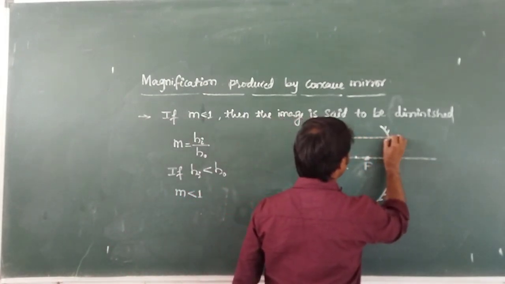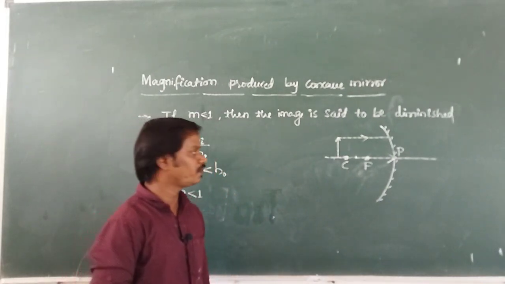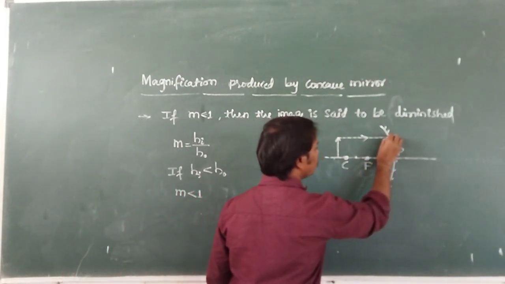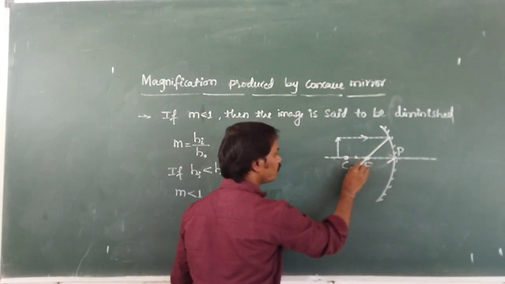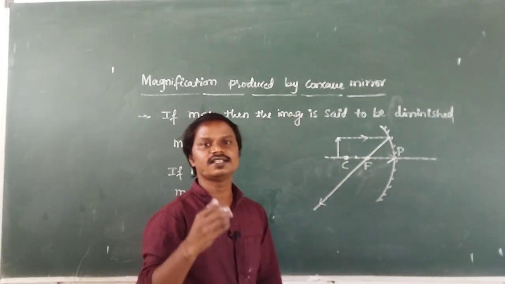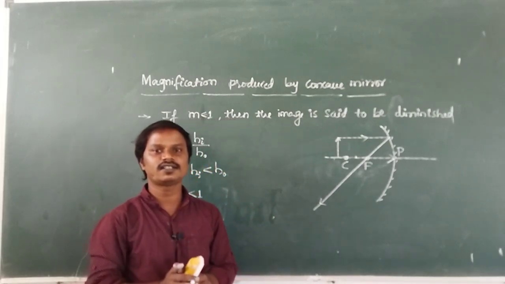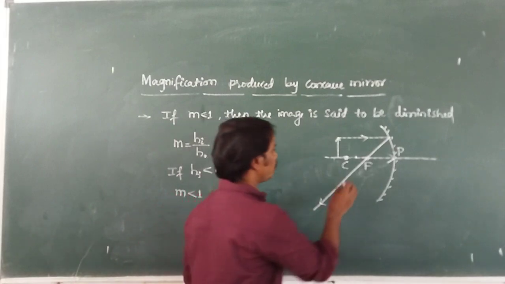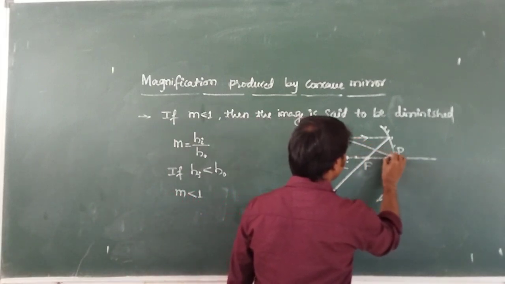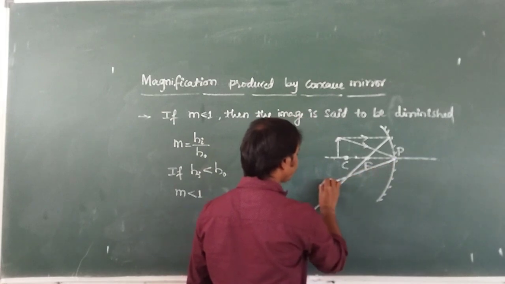Once again, the first incident ray is parallel to the principal axis. After reflection, the reflected ray passes through the focus. The second incident ray is incident at the pole of the concave mirror. It is incident obliquely and it reflects obliquely.